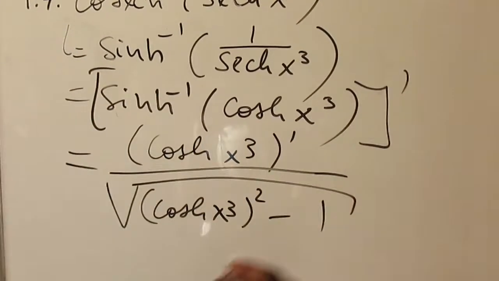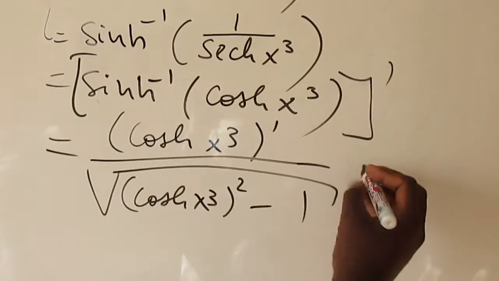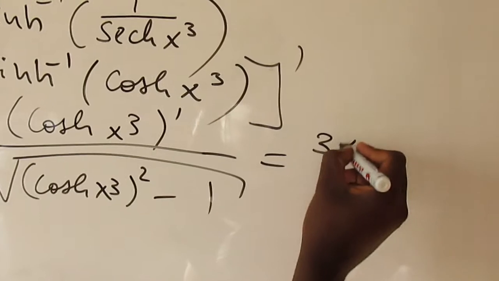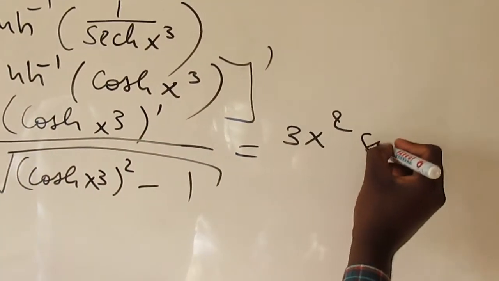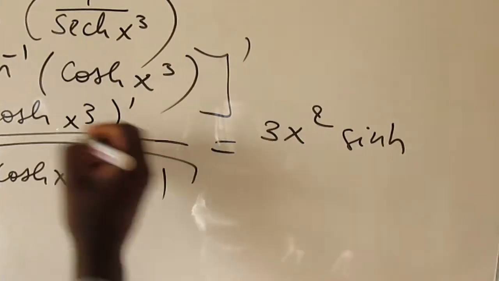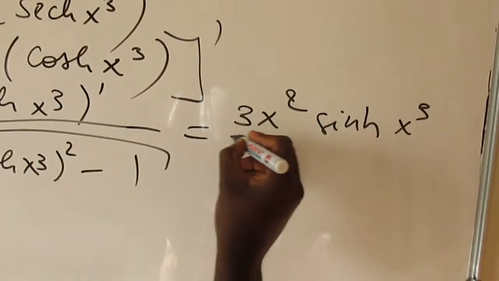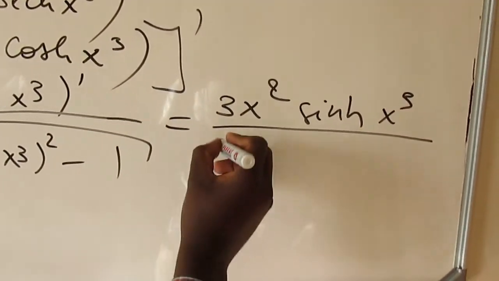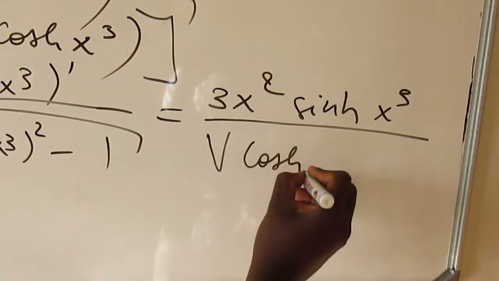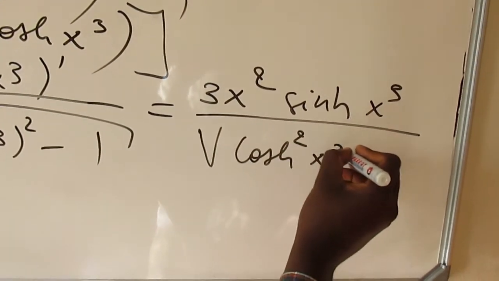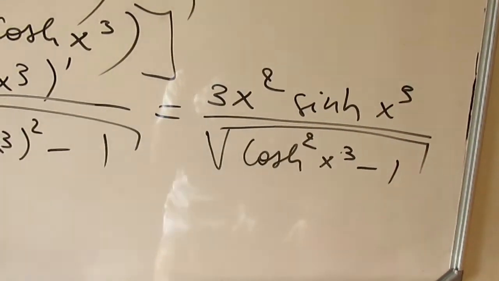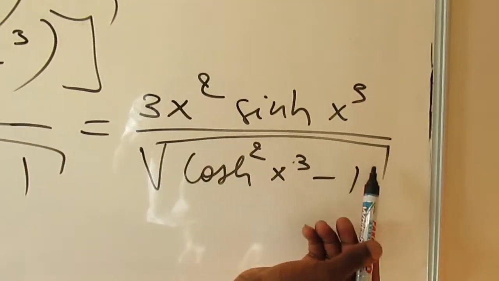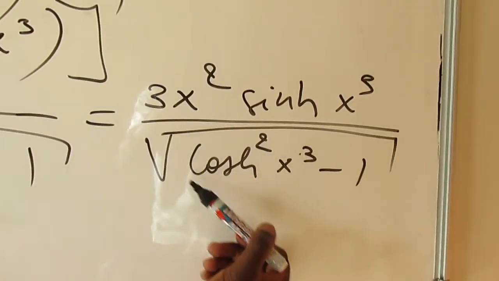Deriving the function gives you 3x squared, and you change cos to sinh of the function, over cos squared of x cubed minus 1. So guys, if you see this, then it's easy.